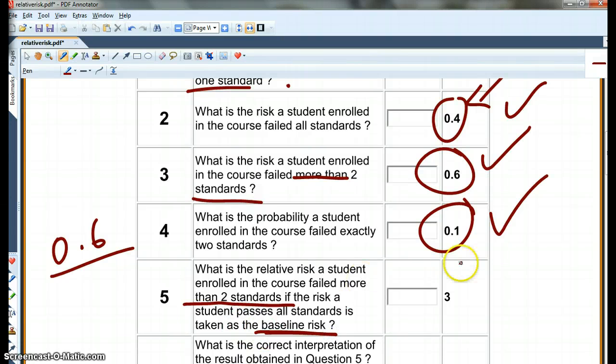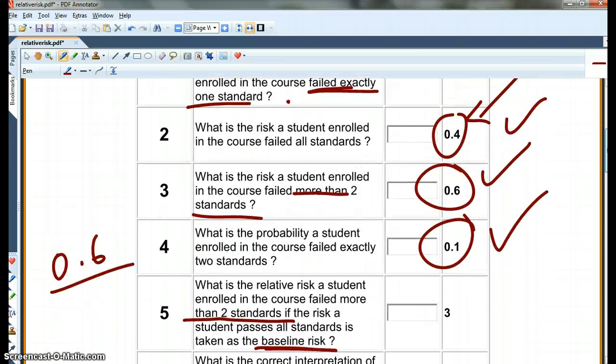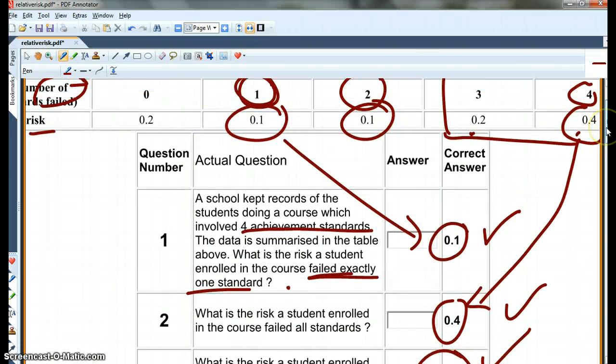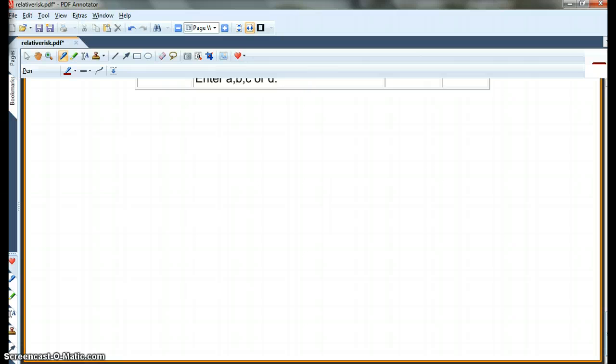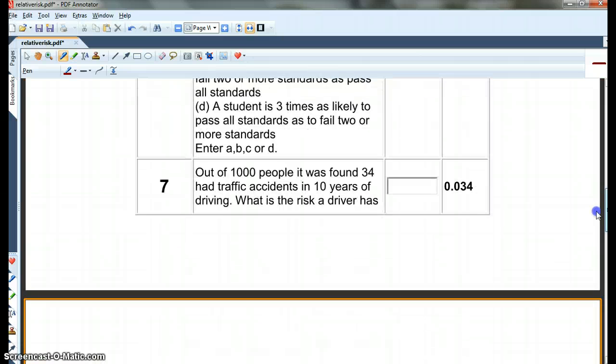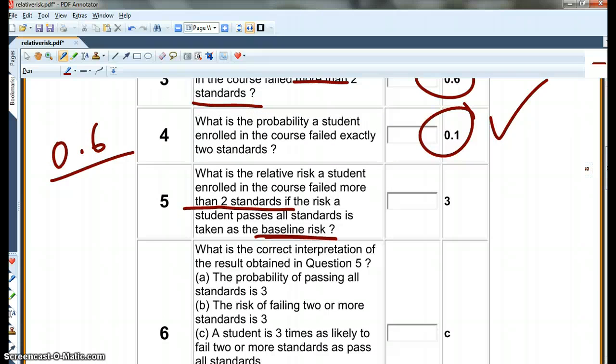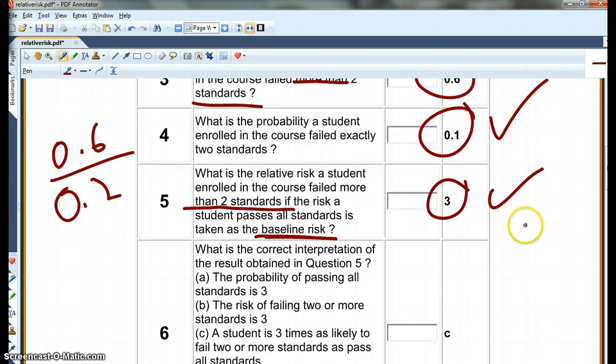The baseline risk is on the denominator, and it said passes all, so they failed none. Failing none is 0.2. So we've got the 0.6 over the 0.2 because the baseline risk goes on the bottom. So 6 divided by 2 is 3. So that's where that 3 comes from.